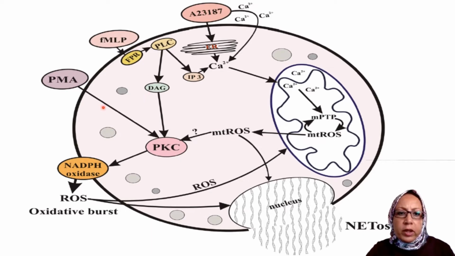There are also other ways to activate protein kinase C to activate the NADPH oxidase enzyme. One of them is through what's called PMA, or phorbol ester, and another way is through what's called fMLP, N-formyl methionyl leucyl phenylalanine. This will attach to a certain receptor, and by a complicated process will result in activation of protein kinase C and activation of NADPH oxidase, making this reactive oxygen species production.